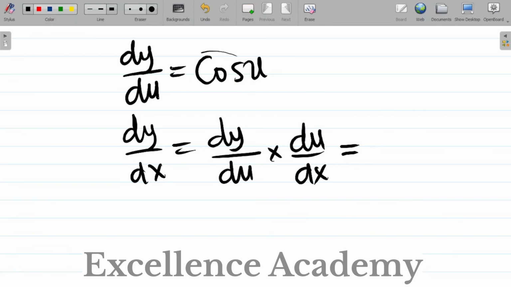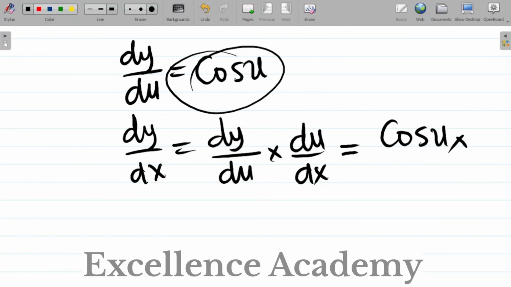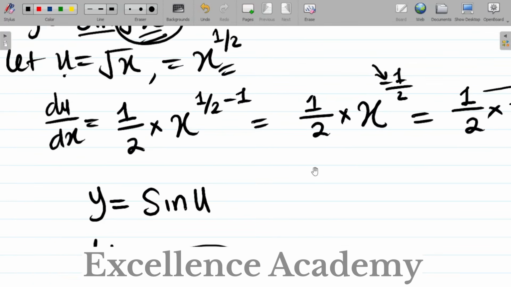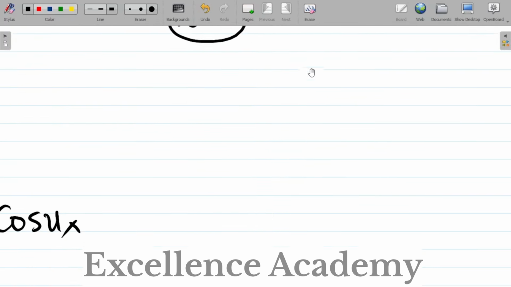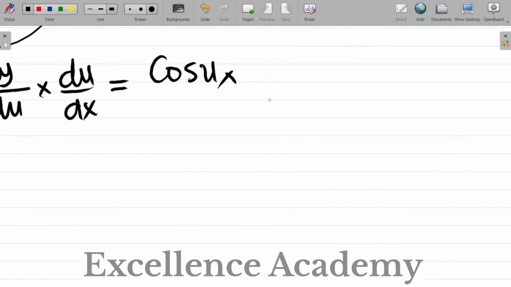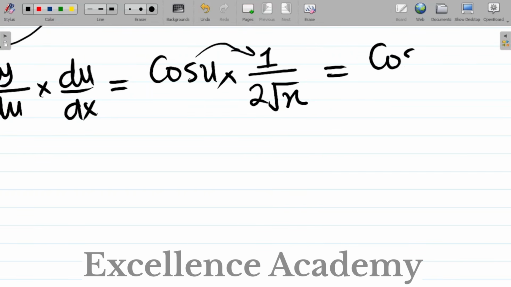What's dy/du? Look at the value here, cos u. So cos u times, what's du/dx? You can say that du/dx is equal to 1 over 2 root x. That's 1 all over 2 root x. Multiplying this, 1 times cos u gives you cos u all over 2 root x.